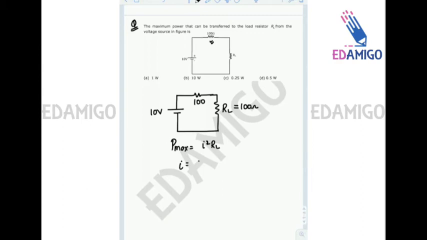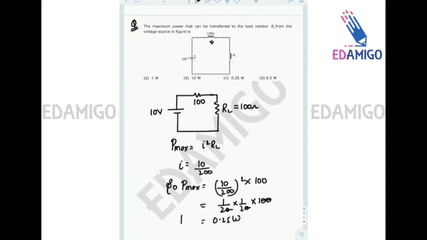Since the current is 10 upon 200, Pmax will be (10 upon 200) whole square into RL, that is 100. So that is 1 upon 20 into 1 upon 20 into 100, that is 0.25 watt, the maximum power.